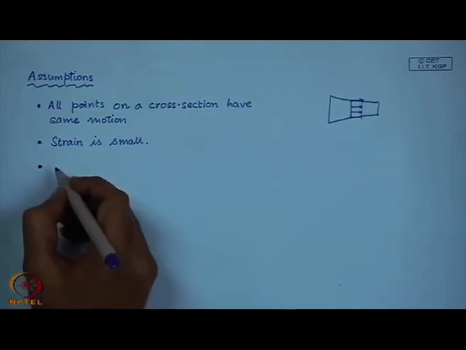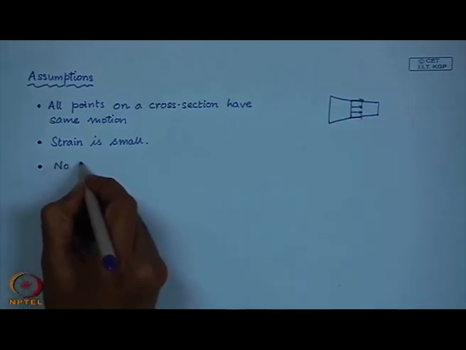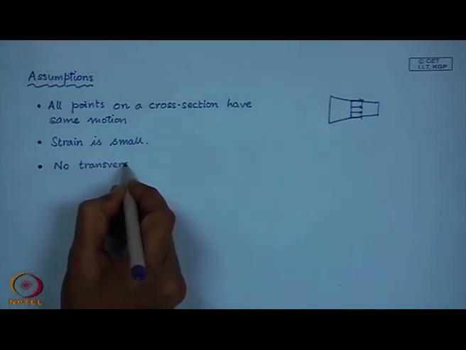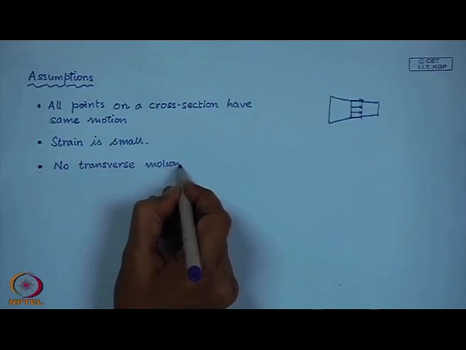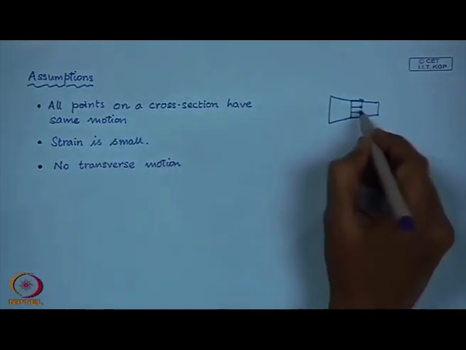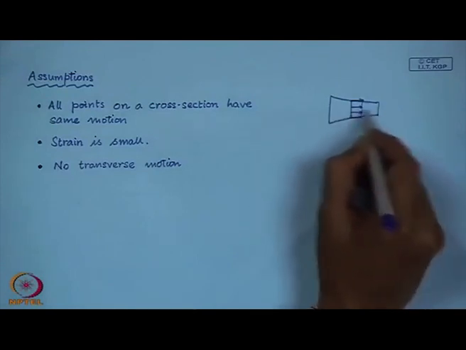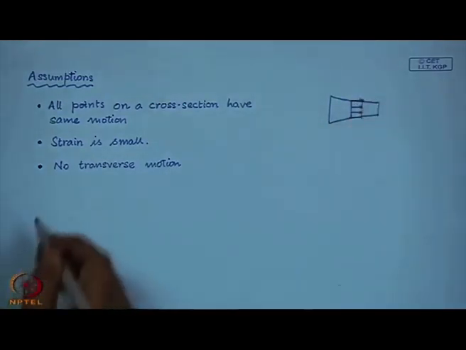The third assumption is that there is no transverse motion of the bar. So, the material points are vibrating only along the axis of the bar. There is no transverse motion.